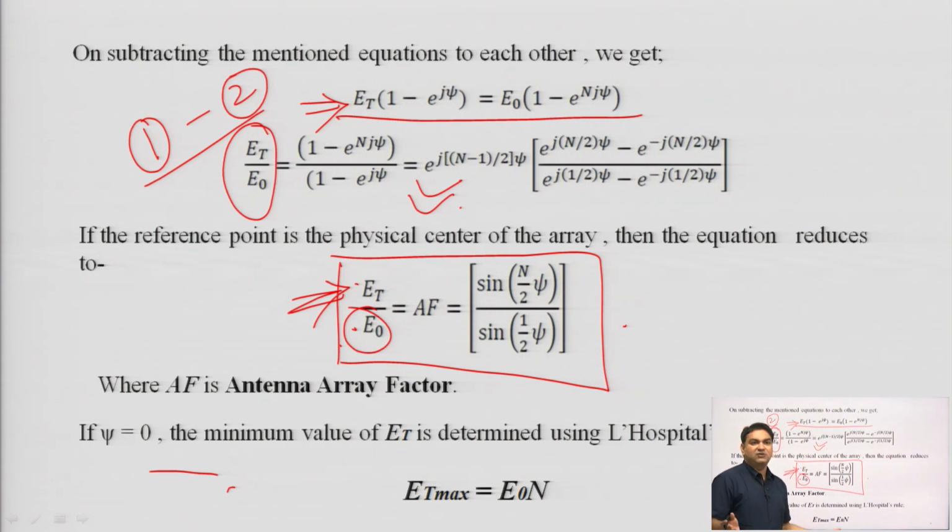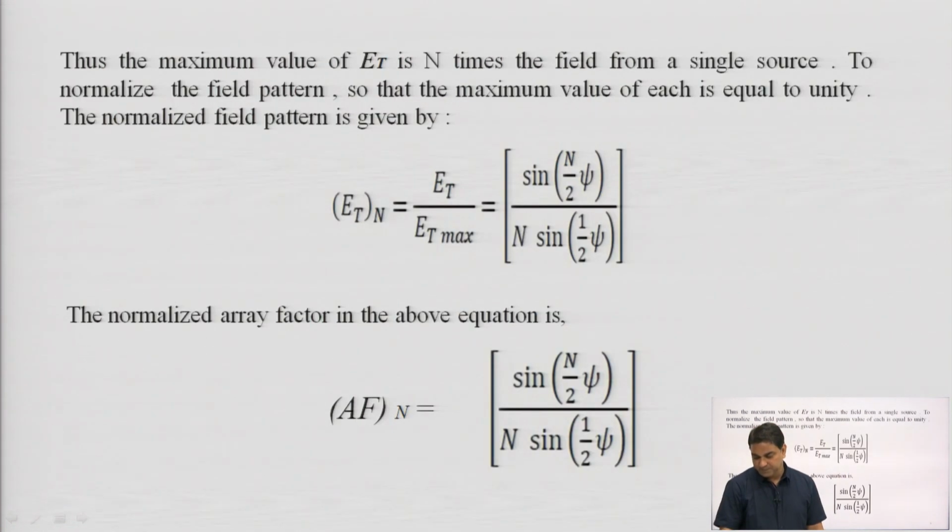If psi is equal to 0, the maximum value of Et is determined obviously. So, simply we can see that Et max is equal to E naught n. Thus, the maximum value of Et is n times the field from a single source, and to normalize the field pattern, the maximum value of each is made equal to unity.